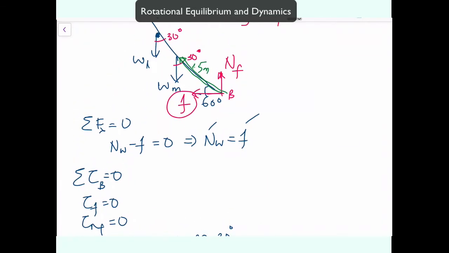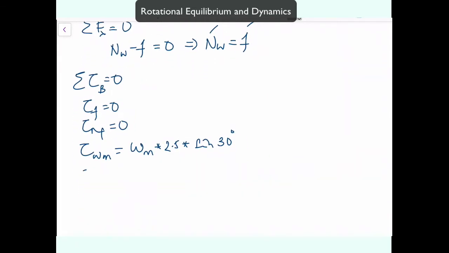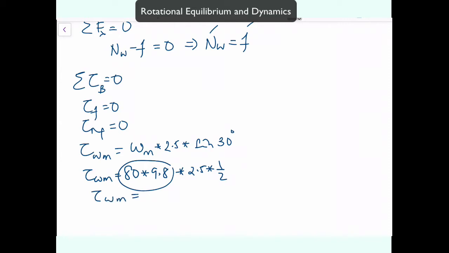Now you can find the weight of the man as his mass, which is 180 kilogram multiplied by 9.8, because his weight means mass times gravity, multiplied by 2.5 times sine 30, which is a half. If you simplify this, the torque by the weight of the man is going to be 980 Newton meter.